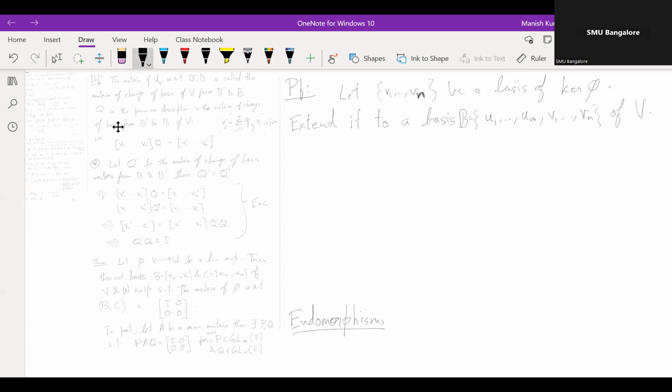So you extend the linearly independent set V1 to Vn to a basis of V by adding these m more elements.